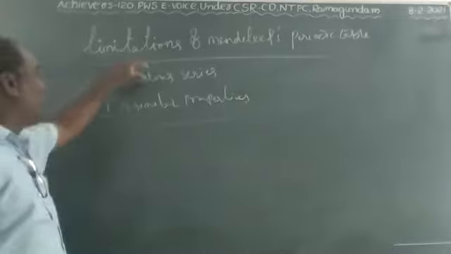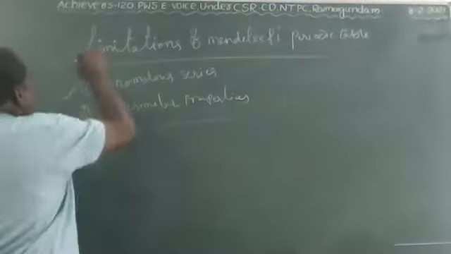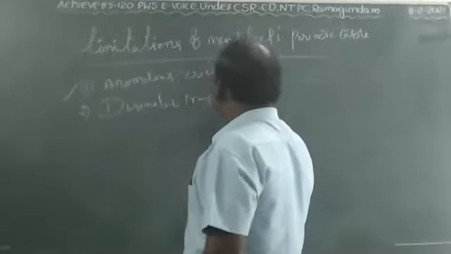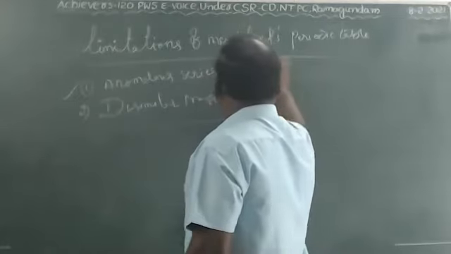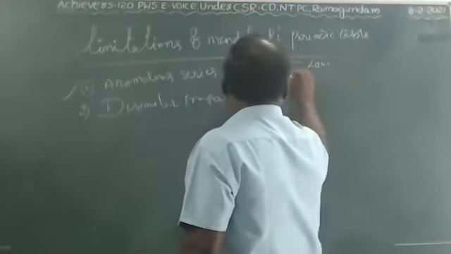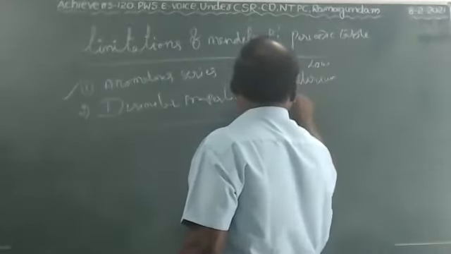So these are the 2 demerits: anomalous series and dissimilar properties. Let us see how. Already we know that anomalous series means Mendeleev placed the highest atomic weight first, then the lowest. Example elements: tellurium and iodine.